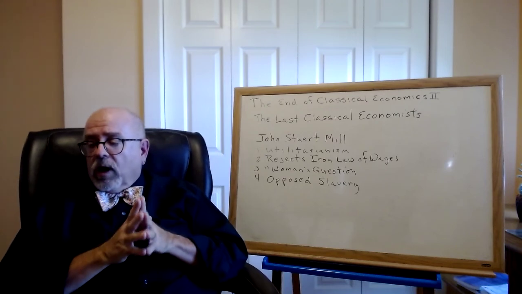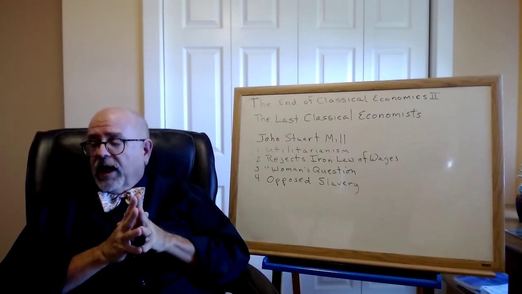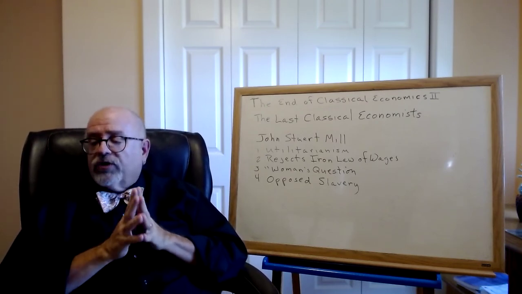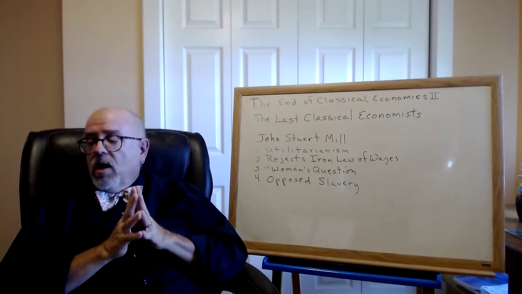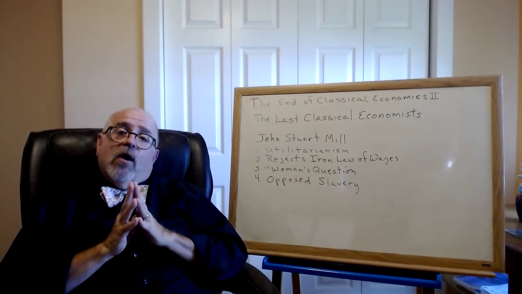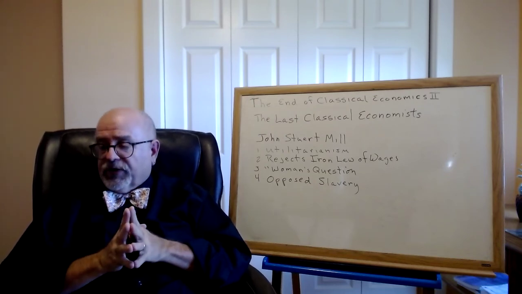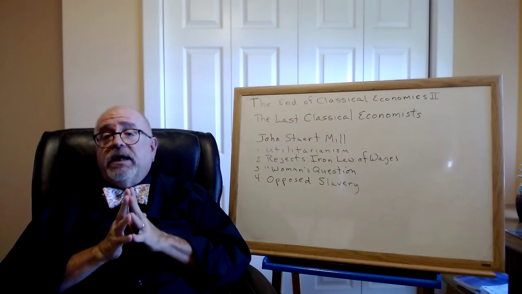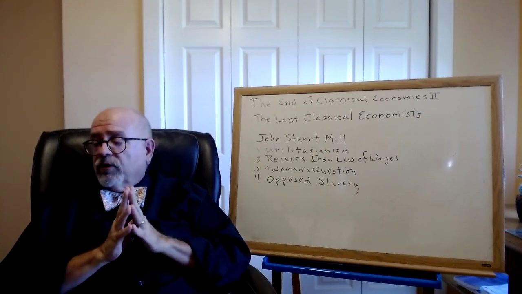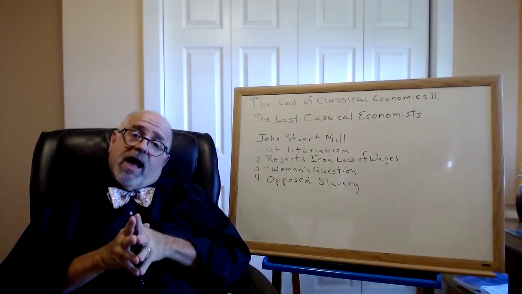Eugen von Böhm-Bawerk, a classical/Austrian economist, wrote a book called Karl Marx and the Close of His System, where he argued, quote, "The labor theory of value is the taproot of Marxism." This would be the focus of the marginalist revolution in mainstream economics.